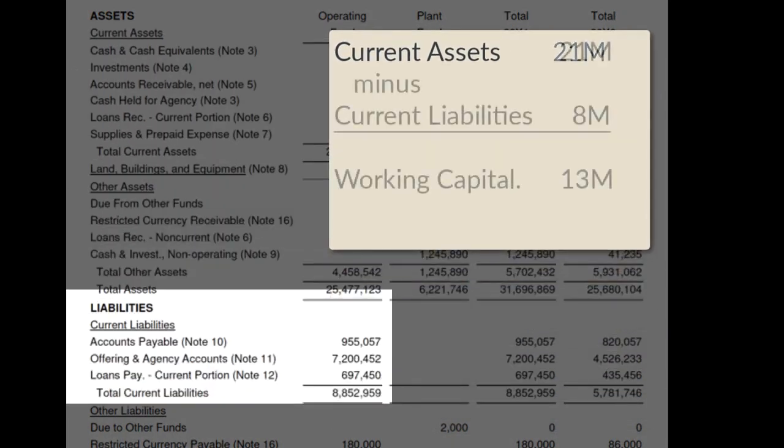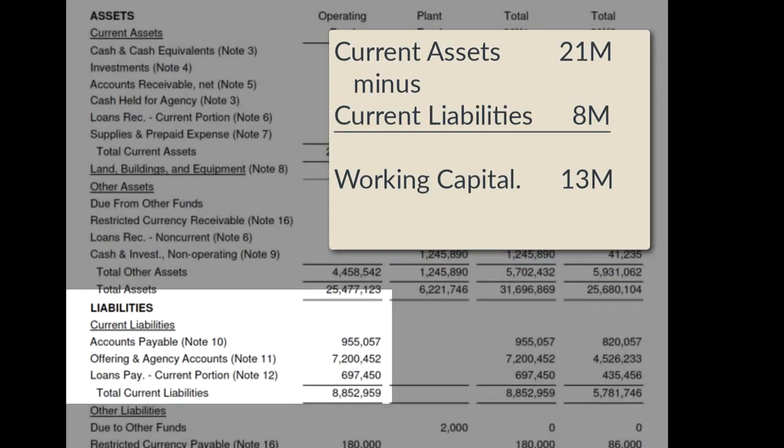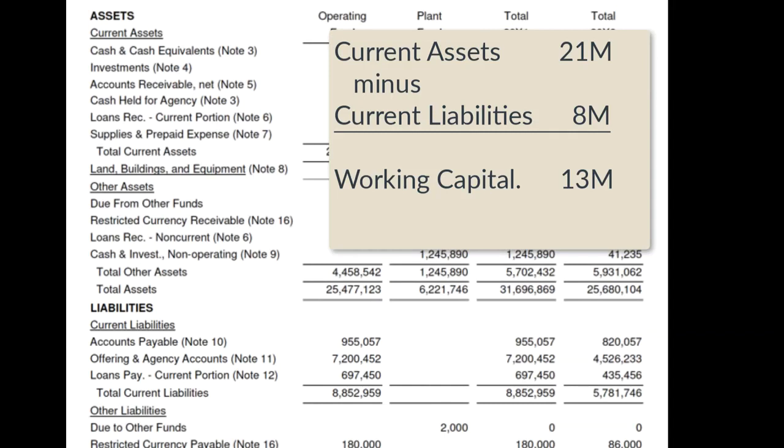The first stumbling block it runs into is that some of them have to be used to pay off current liabilities. So the 21 million minus the 8 is my working capital. The church has a policy that describes how much working capital an organization should have.